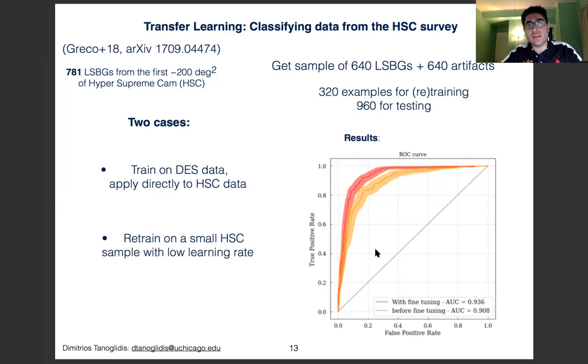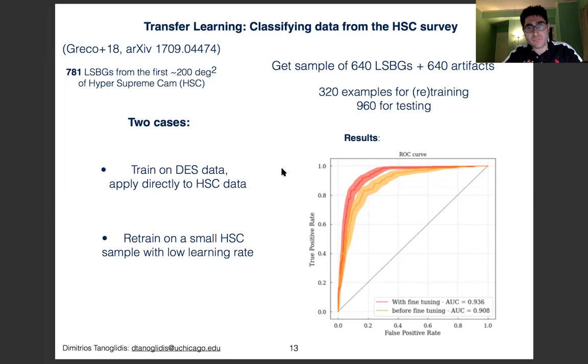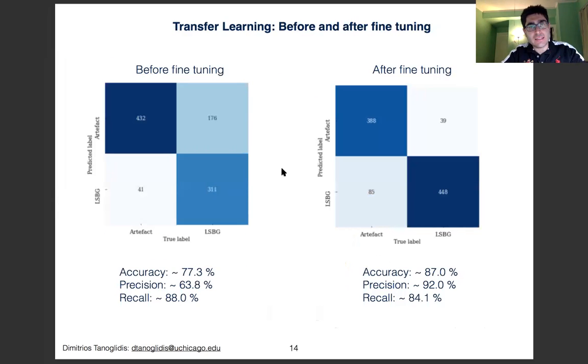Fine-tuning helps to significantly improve the results when we transfer our learning from the DES data and want to classify galaxies from a different survey with different specifications. Let's see the confusion matrices for the two cases and the accuracies. We go from 77% to 87%.